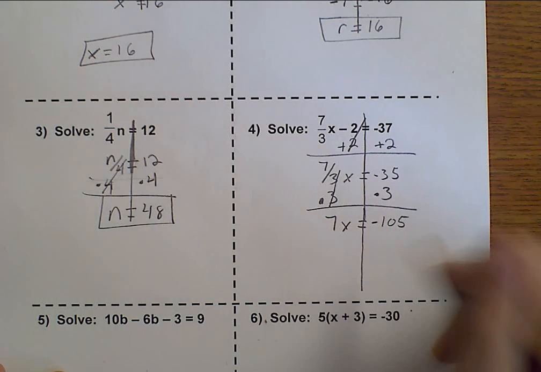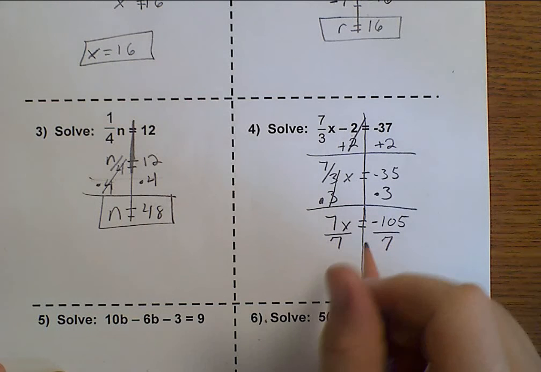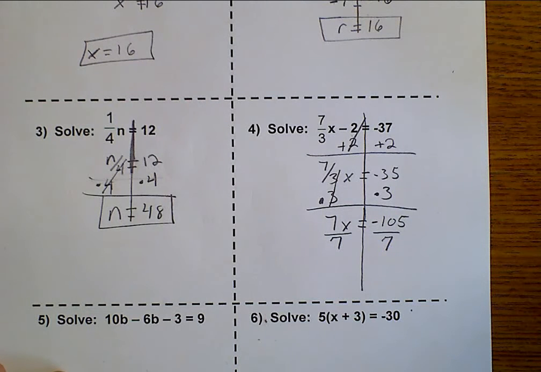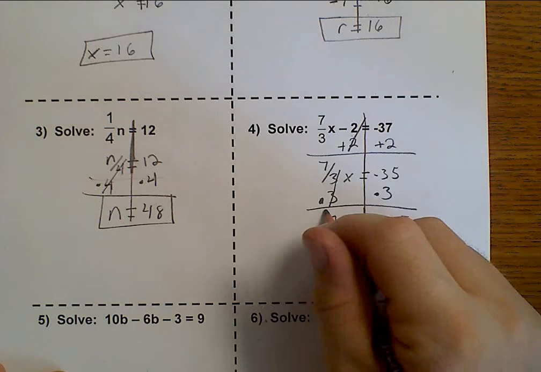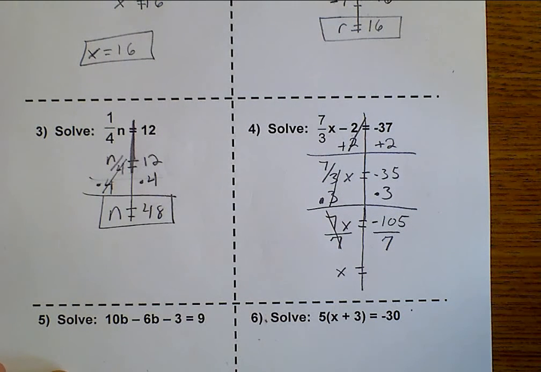Well, now I'm going to divide by 7 because the number in front of the letter means it's being multiplied. So when I divide by 7, the 7's cancel. I'm left with x equals negative 15.